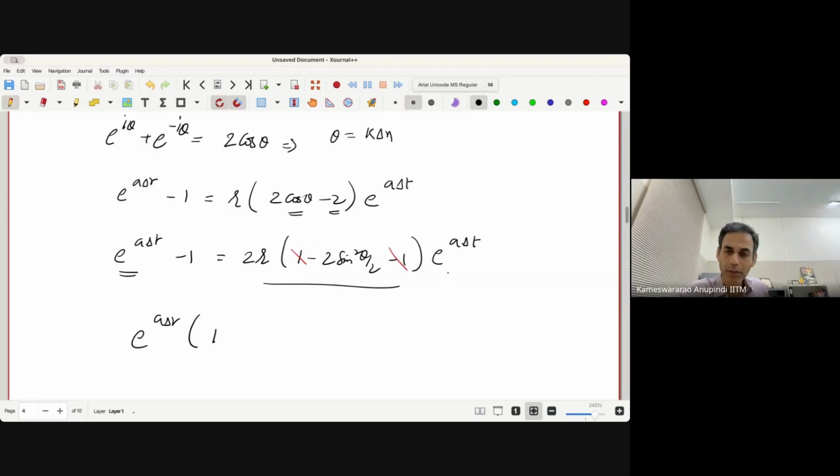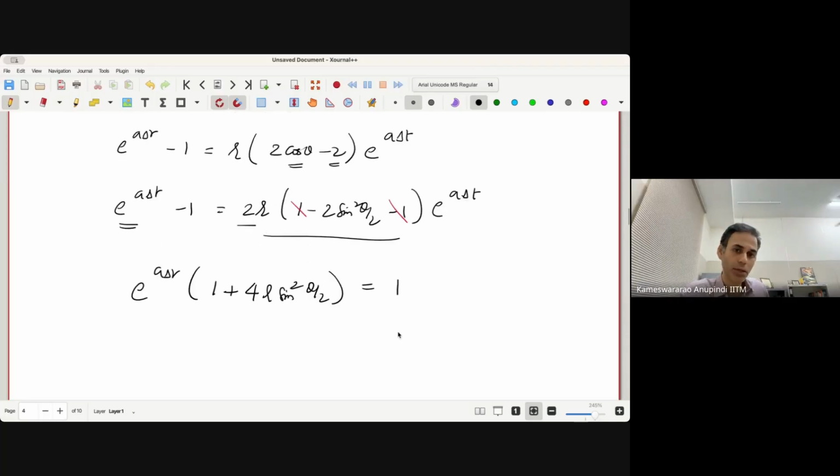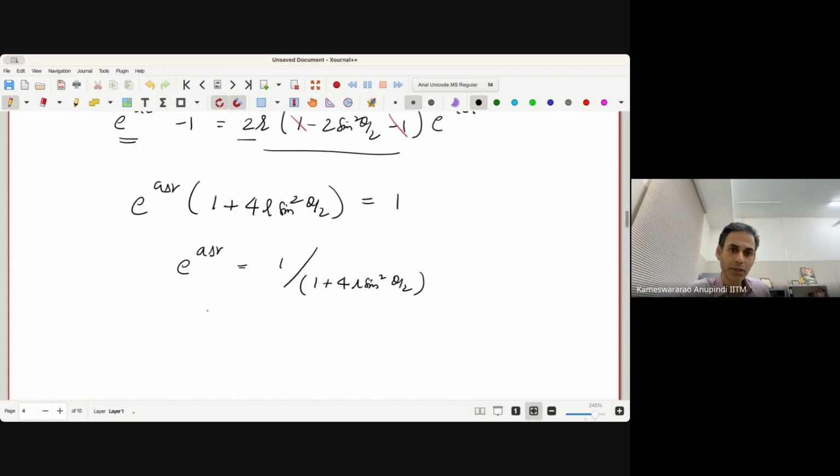This is also a component of multiplication of e to the power a delta t, but there is a minus 2 sine square theta by 2 times 2r. There's going to be minus 4r sine square theta by 2. If it comes to the left hand side, it will become plus 4r sine square theta by 2 equals 1. Okay, e to the power a delta t equals 1 upon 1 plus 4r sine square theta by 2. Okay, that is the condition we got.